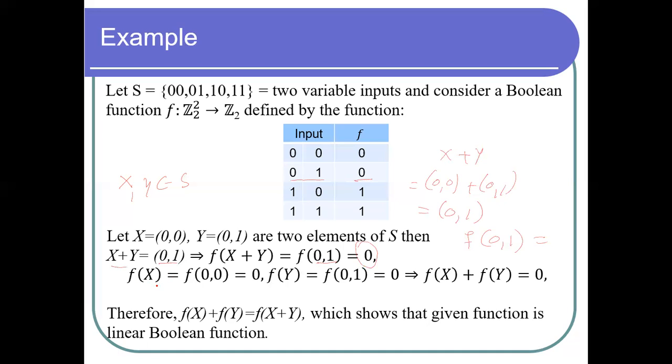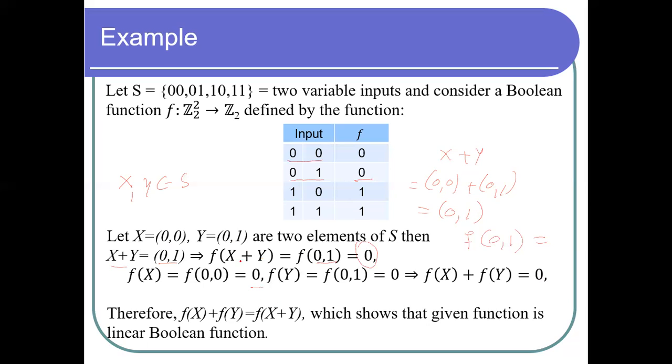Individually, I apply f on x. x is 0,0, and f of 0,0 is 0. Then f of y, where y is 0,1, again gives 0. So f of x plus f of y is 0.